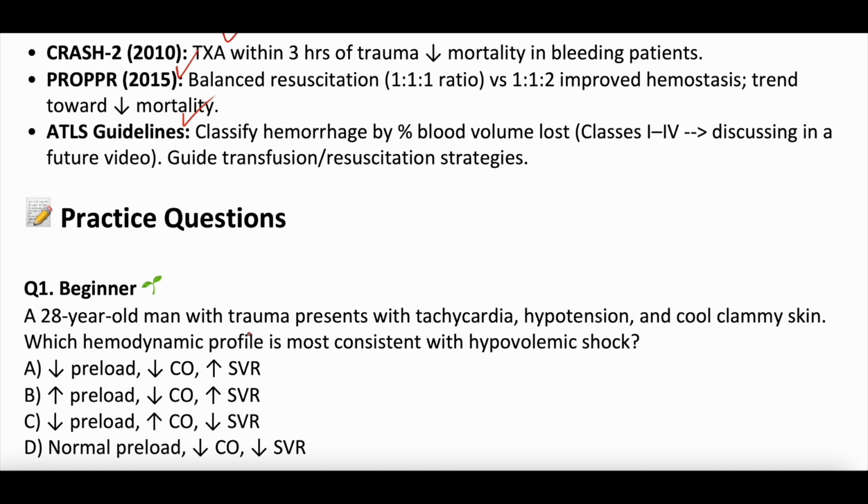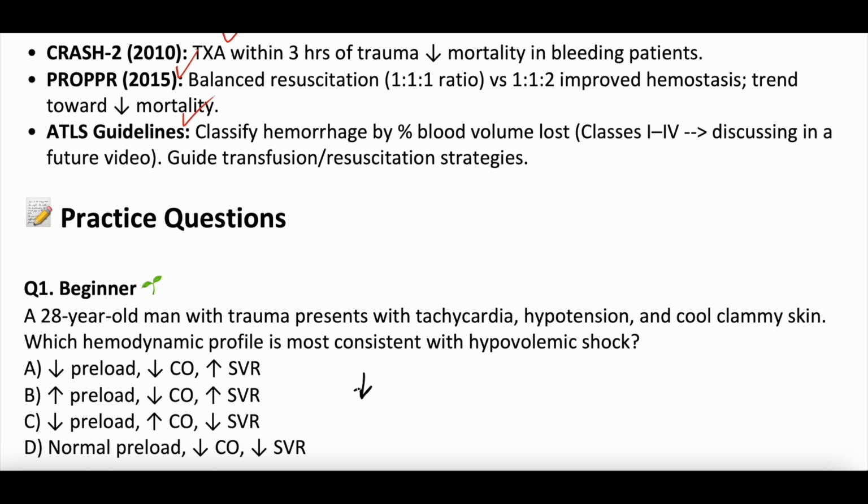A 28-year-old man with trauma presents with tachycardia, hypotension, and cool, clammy skin. Which hemodynamic profile is most consistent with hypovolemic shock, right? So this question is essentially asking what the preload, cardiac output, and systemic vascular resistance is in hypovolemic shock. And if we just speak it out loud, the preload is going to be low or high?